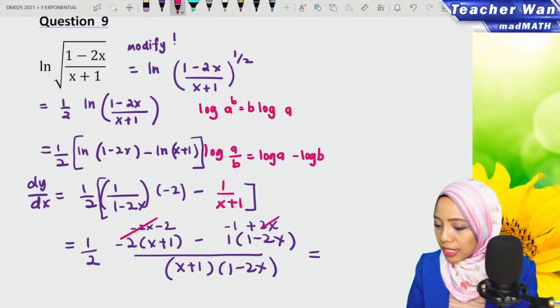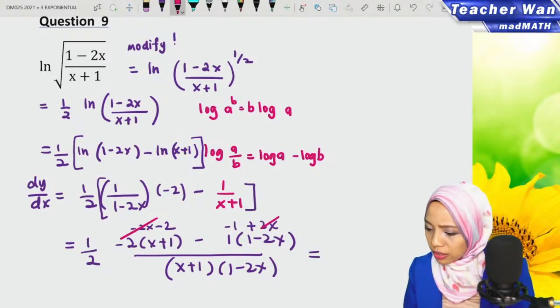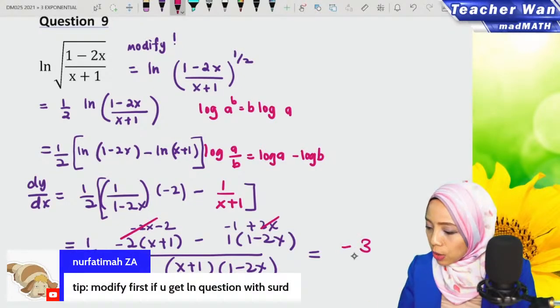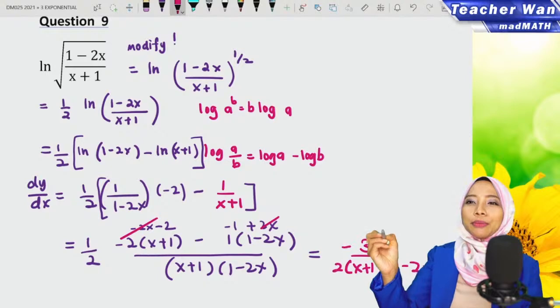Negative 2 minus 1 will give you negative 3, actually. Okay, negative 3 over 2 x plus 1, 1 minus 2x. Okay. There you go.